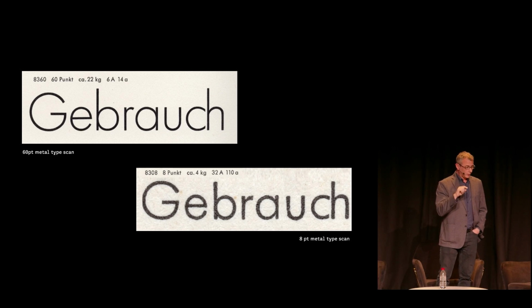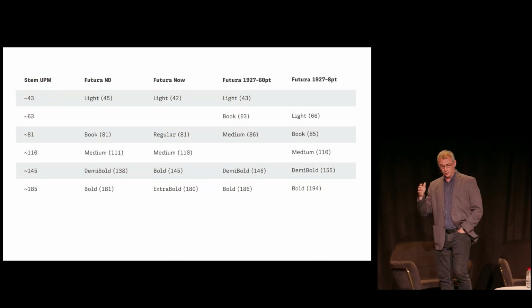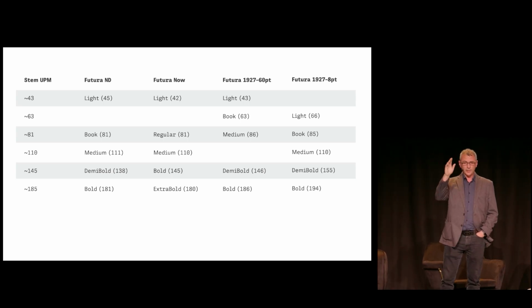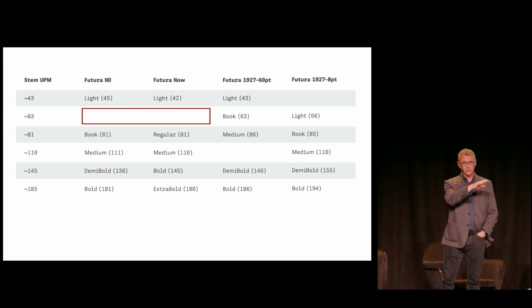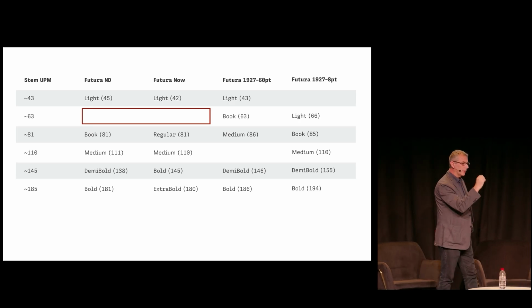So when we look at the digital versions that are the most important ones, that is the ND version and the Futura now, and we compare it with the last 2 columns, those are the 1927 punches, you will realize there is a gap. There is a weight that no one ever digitized.